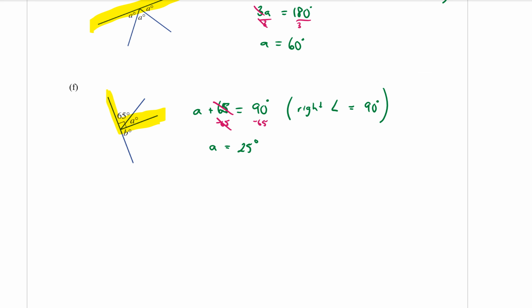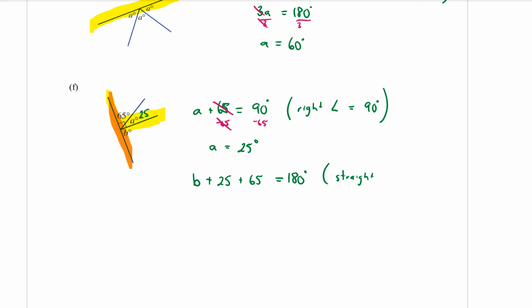Okay, so now that I know that this one's 25, that can help me find B. Now I have B and 2 other angles that are making this straight line. So let's start with the B, and I would add on the 25 that I just worked out was A, and add on the 65, and that makes a straight angle, which is 180 degrees. Don't forget to write the reason down.